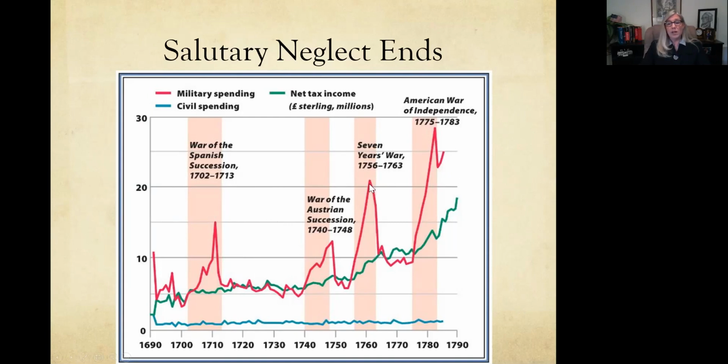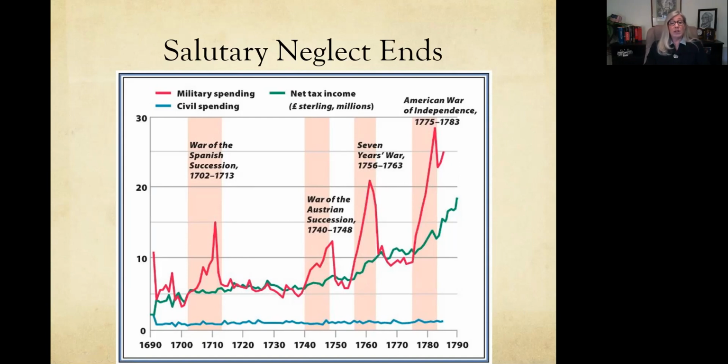By the time of the French and Indian War, this is by far the most money that the British have ever had to spend on a war, because they're fighting not in Europe, they're fighting in North America and all over the world. So this is the debt that they have incurred. This is how much money they have spent on the war, but look what they are bringing in tax income in green. So there's no way for this to actually match up. So they are in deep trouble.